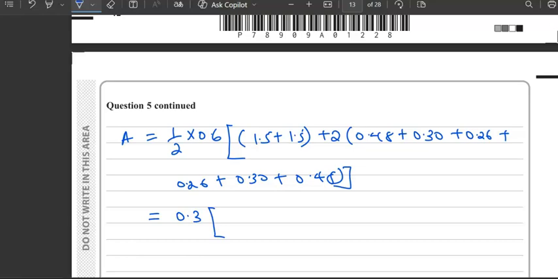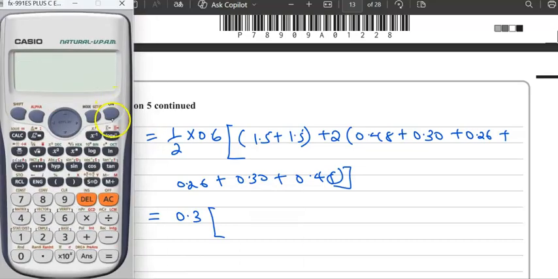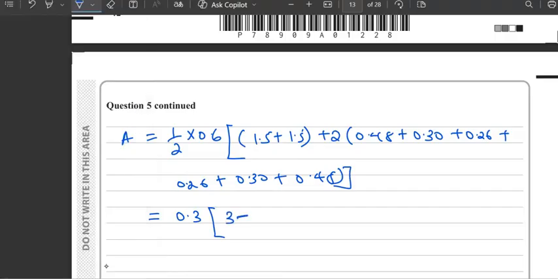We can have our calculator here. So we will have 1.5 plus 1.5. This gives you 3. So we'll have 3 plus the second bit.